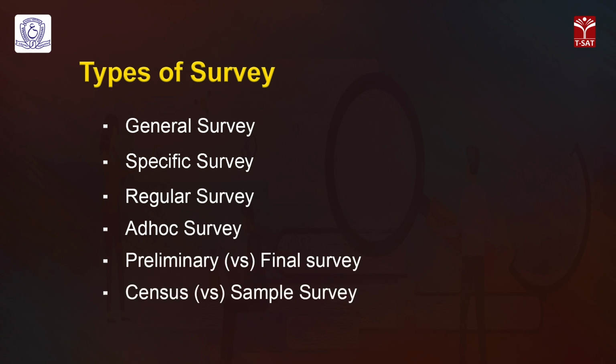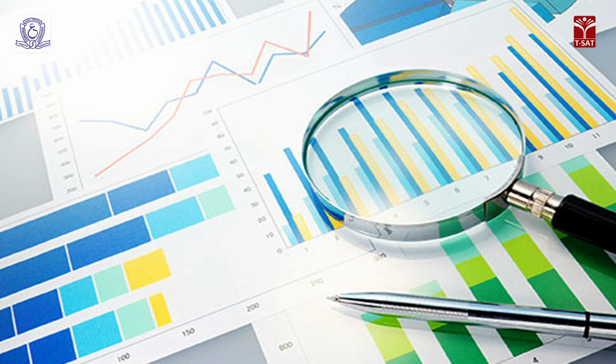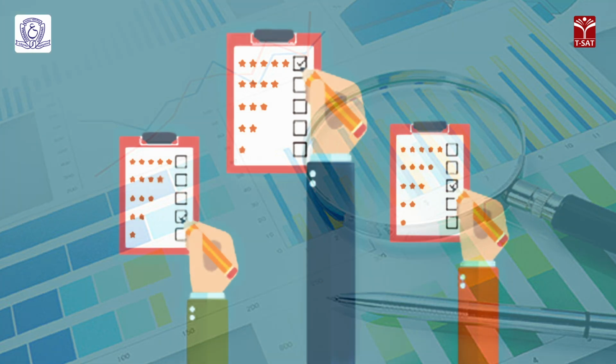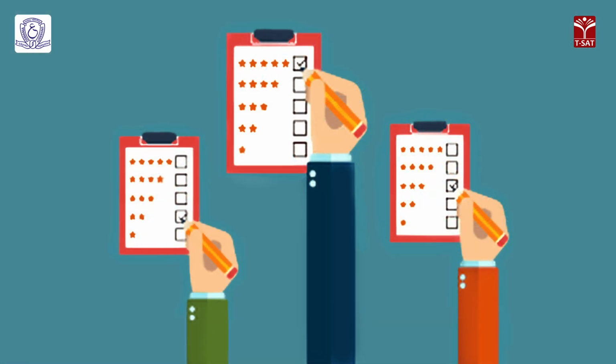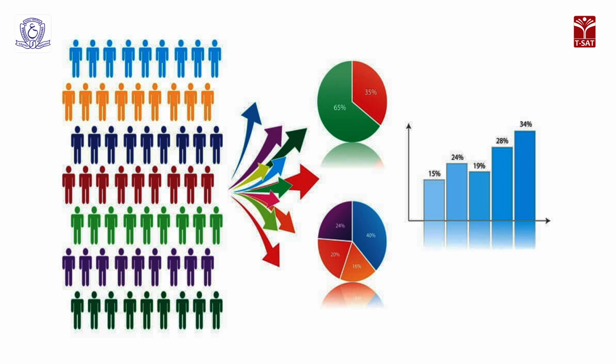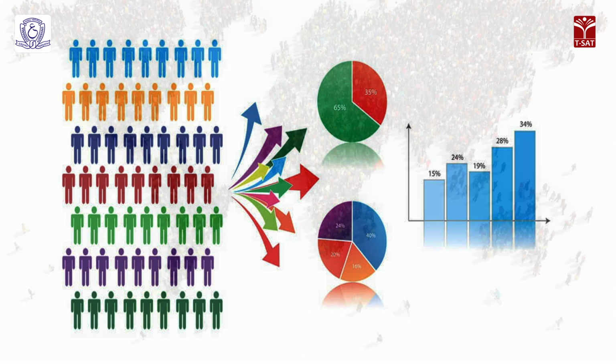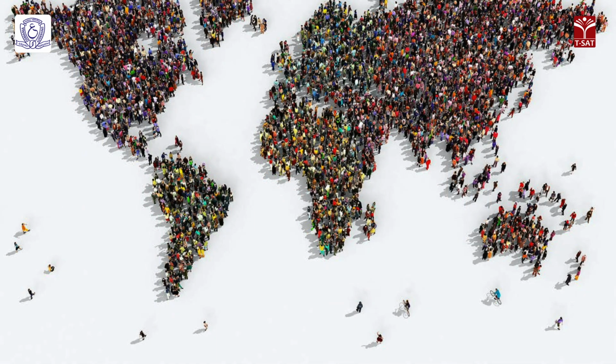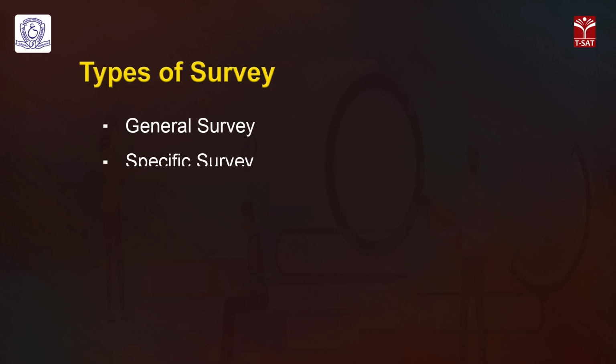What is a general survey? It concerns collecting general information about a population, institution, or phenomena without any specific objective or hypothesis, generally taken up by the government to keep the data updated on many socio-economic problems. For example, a census of population conducted once in a decade. What is a specific survey?